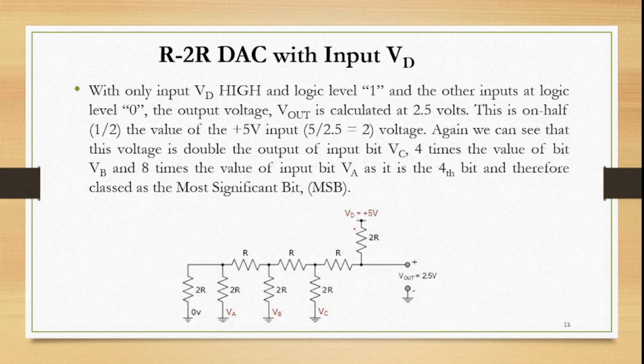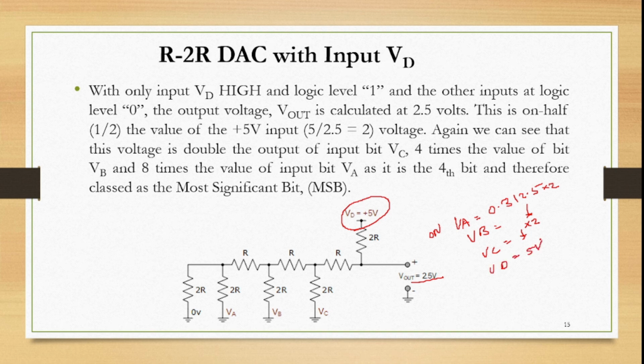If VD is equal to 5 volt, then V out will be equal to 2.5 volt. So in this way, if VA is on, we have 0.3125. If we go for VB, it will be double. If we go for VC, it will again be double. And finally, for VD, it will be 2.5.